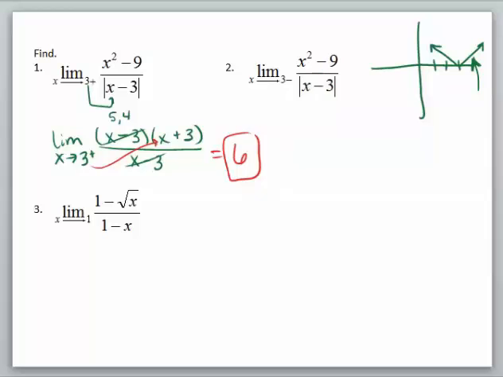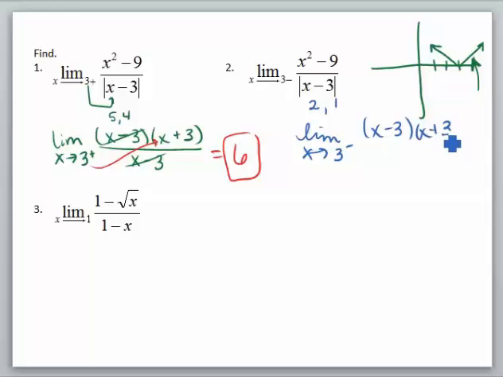Now for the second part of this, it says find the limit as x approaches 3 from the left. Well, those numbers would be numbers like 2 and 1. Notice when you're plugging in 2, you get negative 1. When you plug in 1, you get negative 2. So you're talking about the negative portion of the absolute value. So what we're going to do is simplify the top again by factoring.